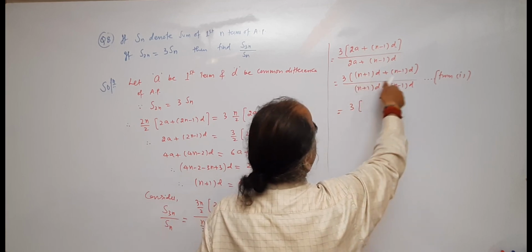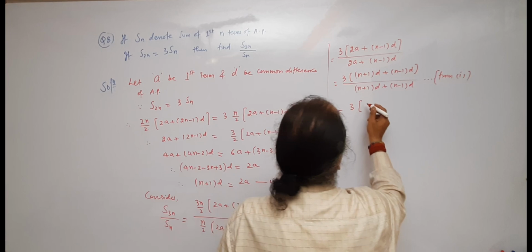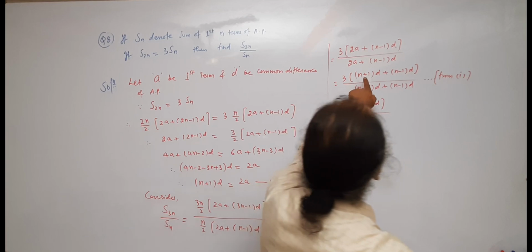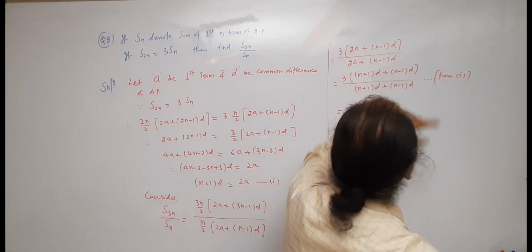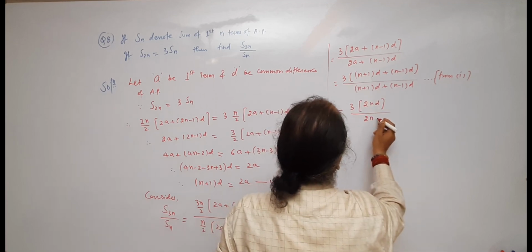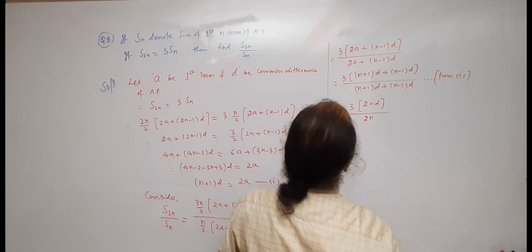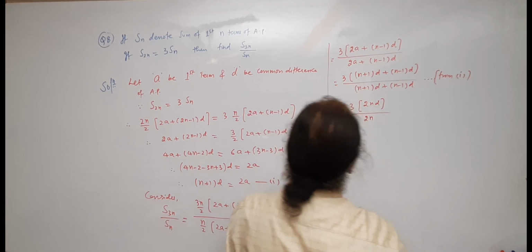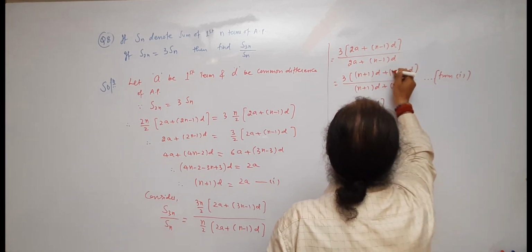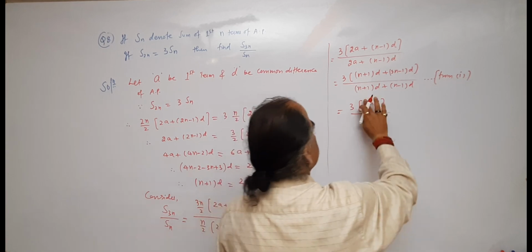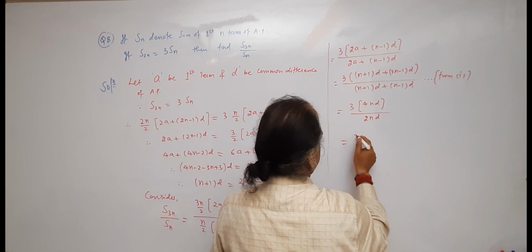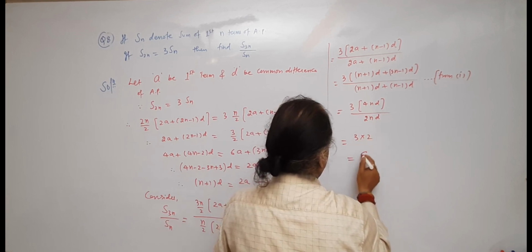So 4nD upon 2nD, which is 2. Then 3 into 2 is 6.